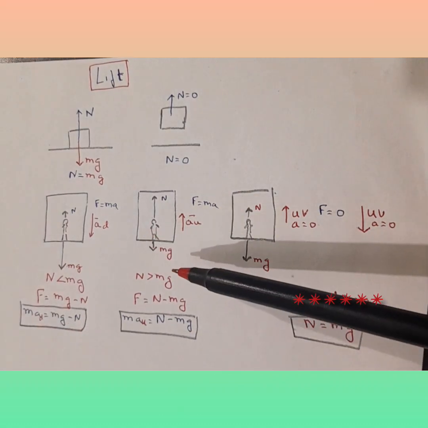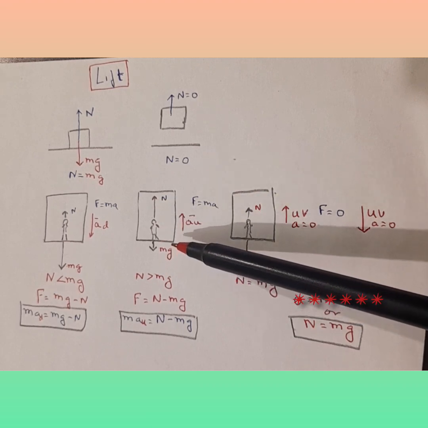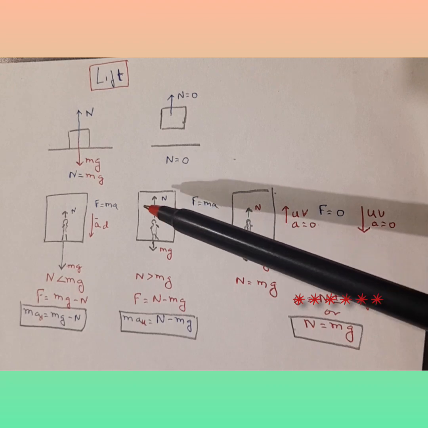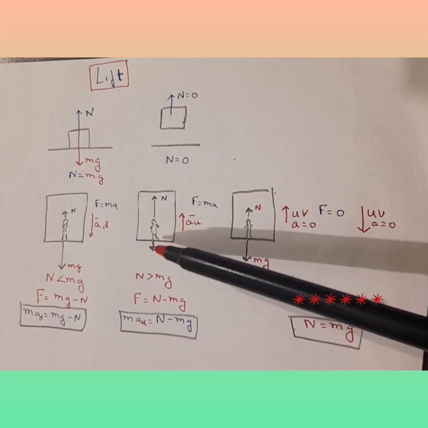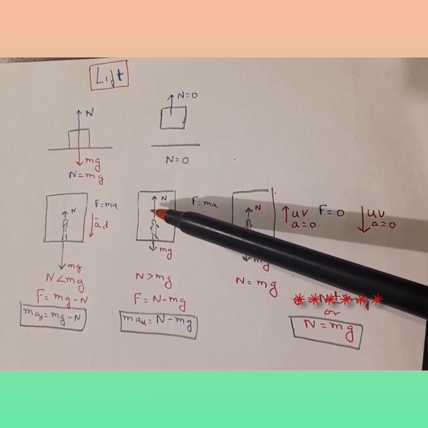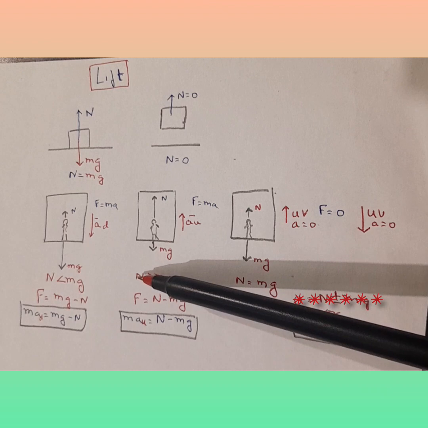At the same time, now if we pick up this example, the lift moving up with acceleration. Now we feel the floor more while we are moving up along with the lift. Why? Because normal is greater than mg. That's why we feel heavy.